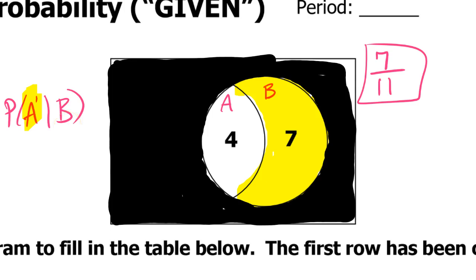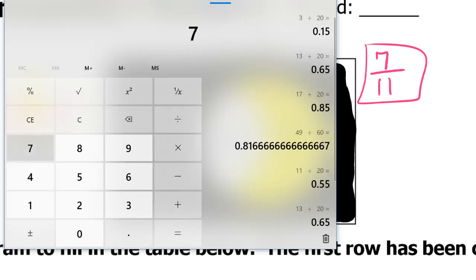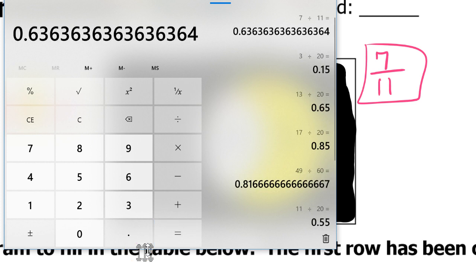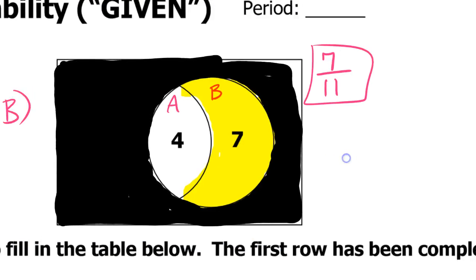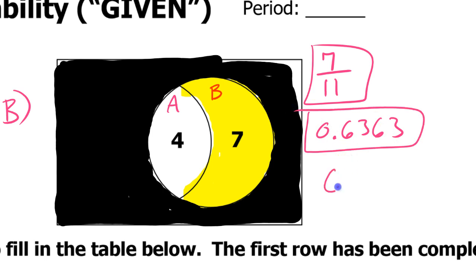Of course, we can write this as a decimal and a percent by doing 7 divided by 11. Okay, so that's 0.63 repeating. So I'll say 0.6363 approximately, which is 63.63%.